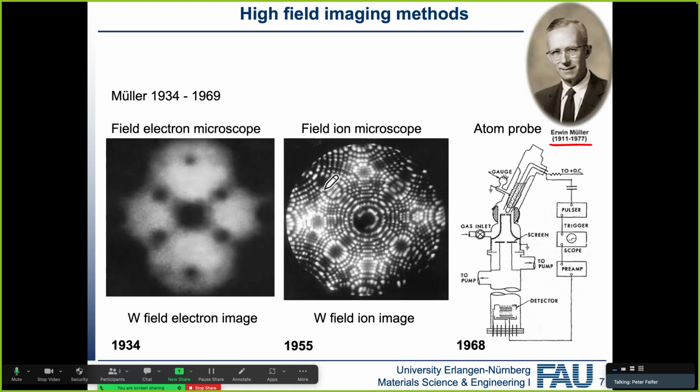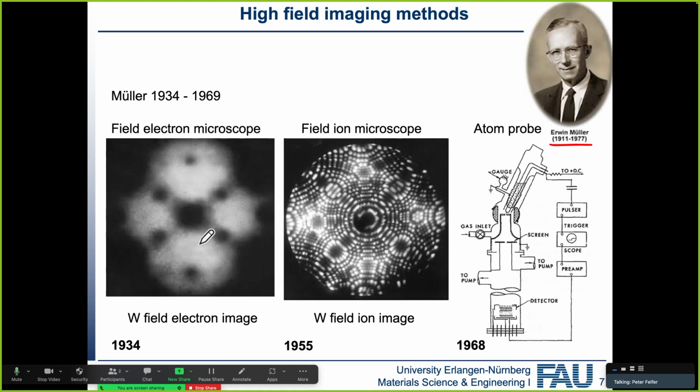And some people thought, okay, let's do it with electrons. Let's build a microscope based on electrons, because there we have particles, and we can use that for imaging. Remember, quantum mechanics was very new at the time. And Erwin Müller thought he's going to use field emission. Field electron emission at the time, because they were building the first field emission devices.